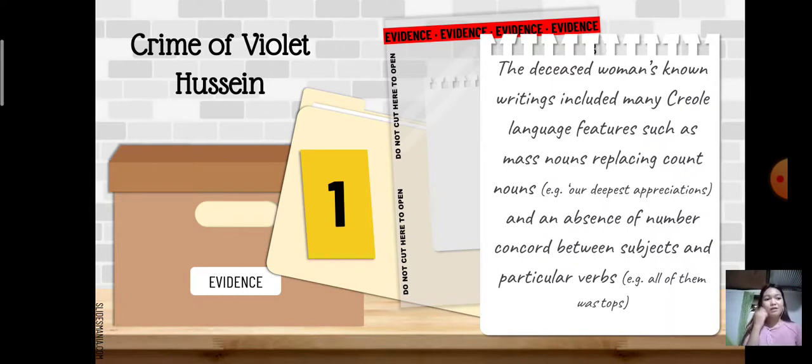Most of the documents from Violet Hussein were found to show that she is fond of using Creole language. So, for example, replacing mass nouns with count nouns, or absence of number concord between subjects and particular verbs.